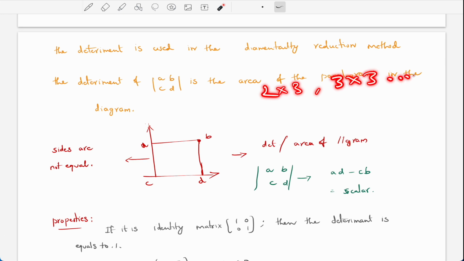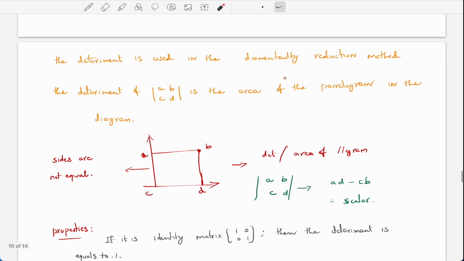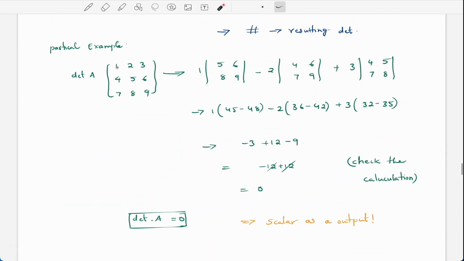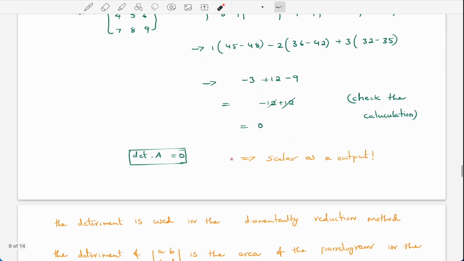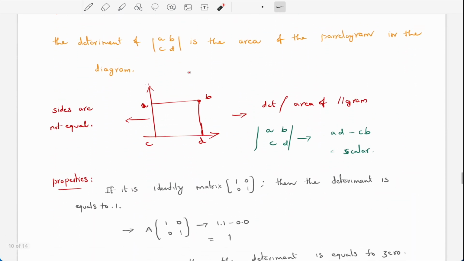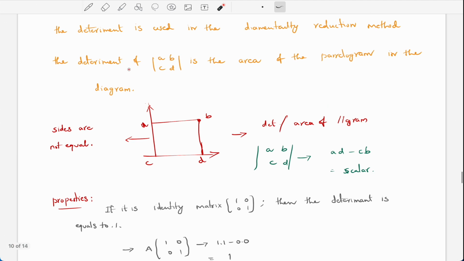In further lectures, we have problems with these dimensions that we cannot solve, so we reduce them into simpler things, and then we simply calculate the scalar, the determinant. It's as simple as that. We do it with the help of libraries, and it can be done in a fraction of a second.